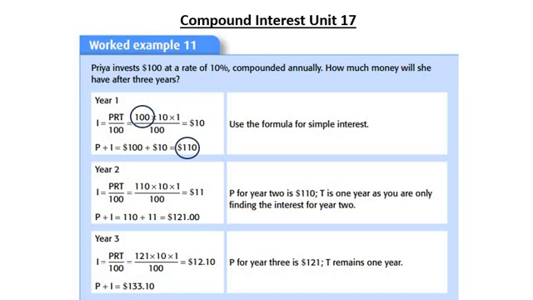The second year, you reinvest that money, so you have a new interest, and now the money increases. The money you have is the principal plus the interest. The third year, you reinvest that money again, so you have a new interest, and the amount of money you have is the principal plus the interest.